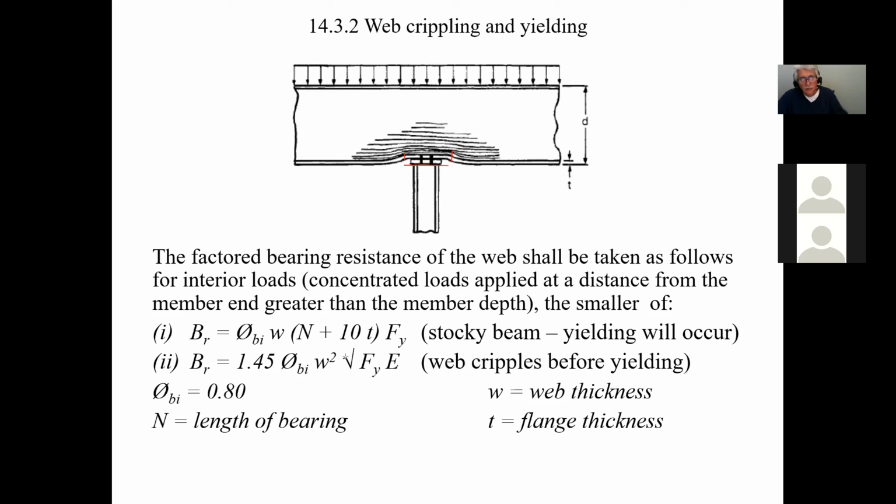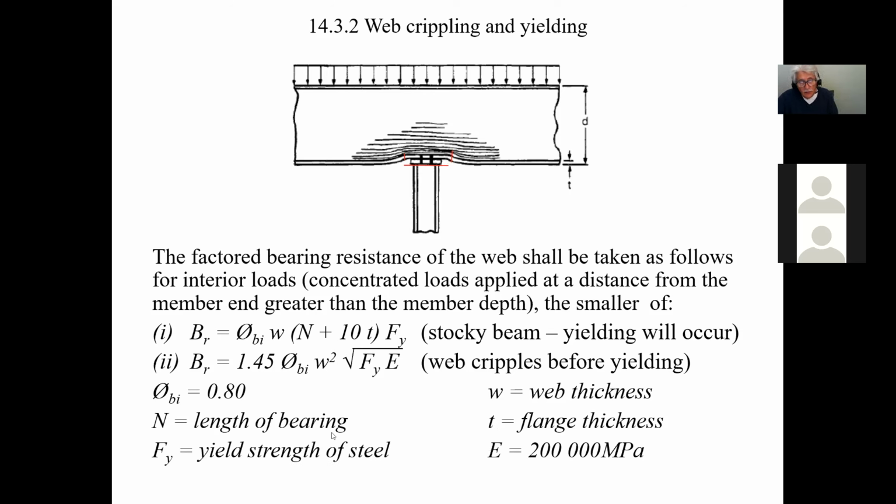T is the thickness of the flange, okay? Like I said, these variables do not change in steel. When I talk about a small w, I'm always talking about the thickness of the web. When I'm talking about a small t, I'm always talking about the thickness of the flange. You understand? So these don't change.